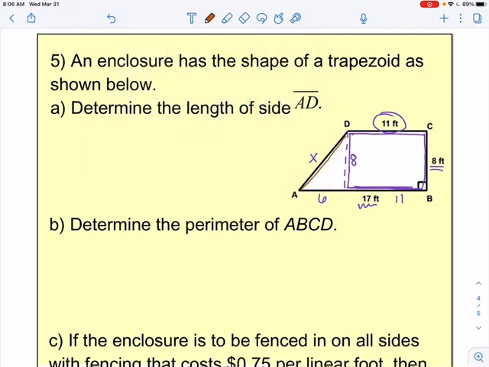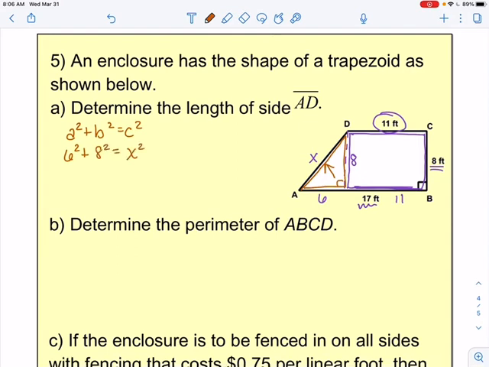So now to find AD, I have a right triangle that I'll highlight in this burnt orange color here. Again, I had one missing side of a right triangle, which means I can use the Pythagorean theorem. So a squared plus b squared equals c squared. The side opposite the right angle has to go in for c, so x has to go in for c. It doesn't matter how you plug in a and b.